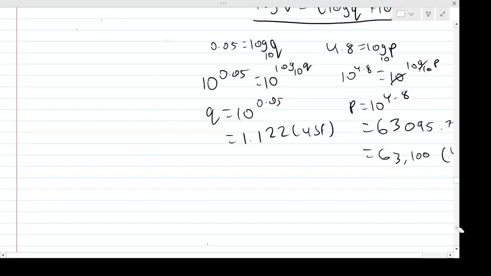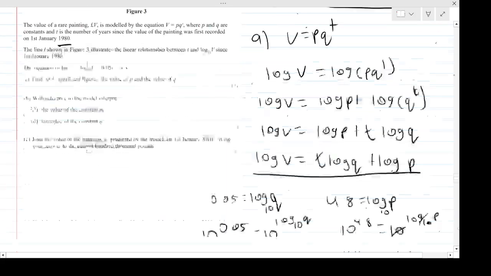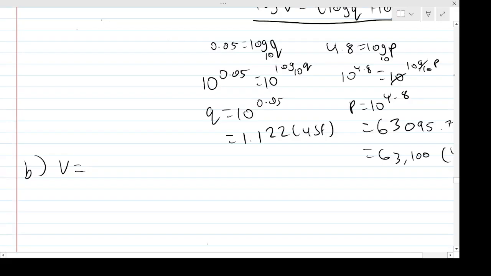If I restate the model, so part B, V was PQ to the T, but P is 63,100. Q, which is 1.122 to the T.